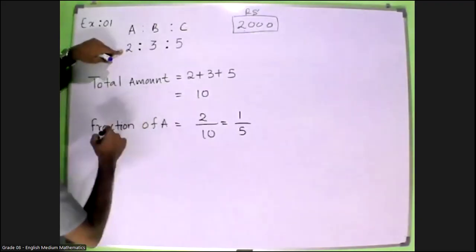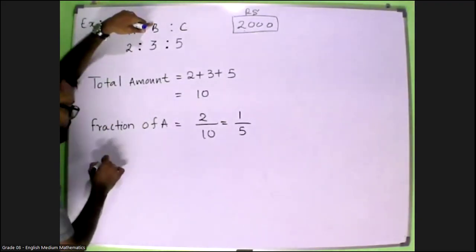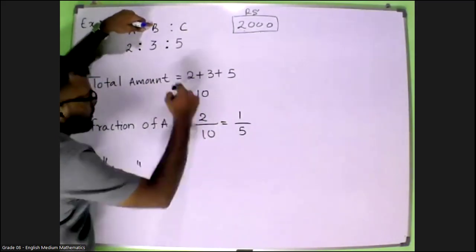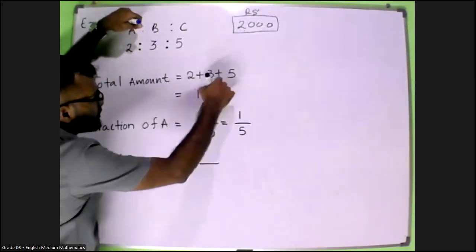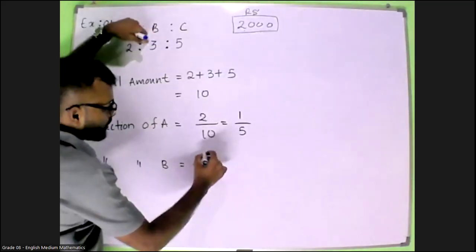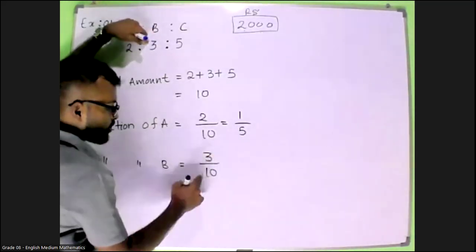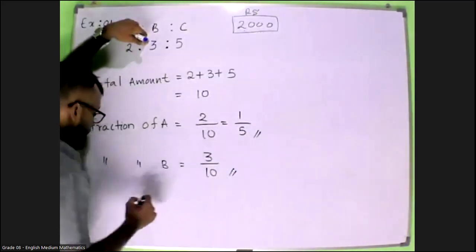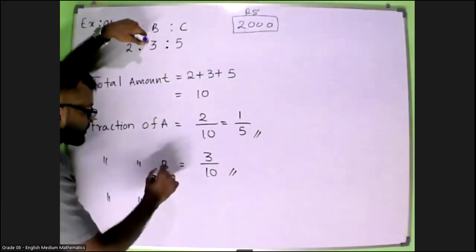Then the fraction of B. Same thing. Total amount 10. B has 3 parts. This cannot be simplified further.